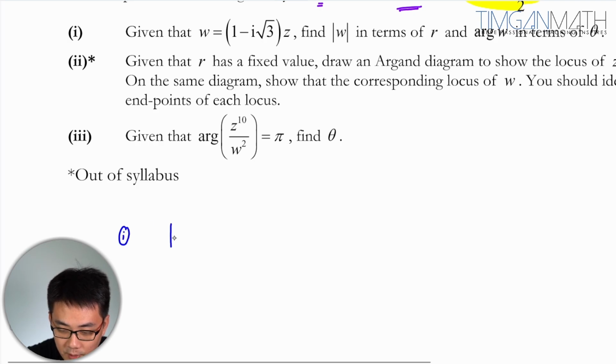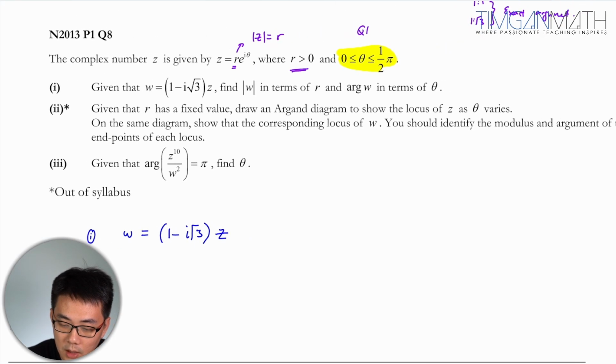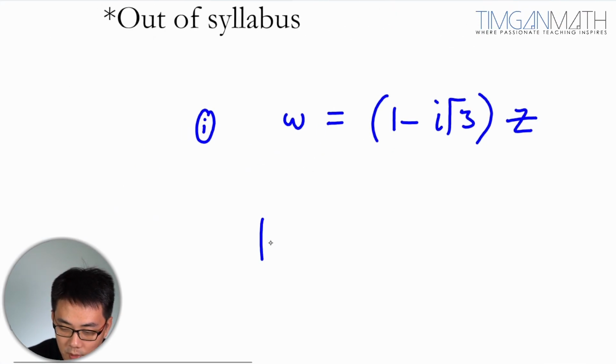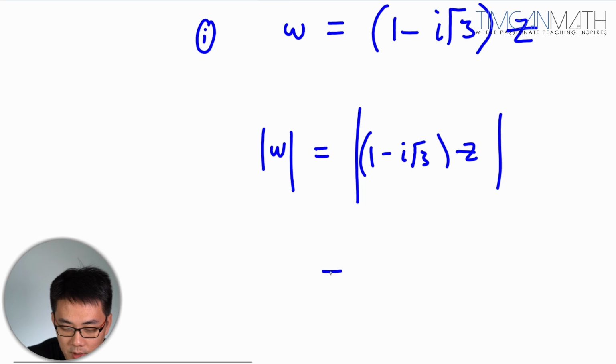If you want to find the modulus of w, w is given by 1 minus i root 3 multiplied by z. So modulus w will just be the modulus of 1 minus i root 3 multiplied by mod z.